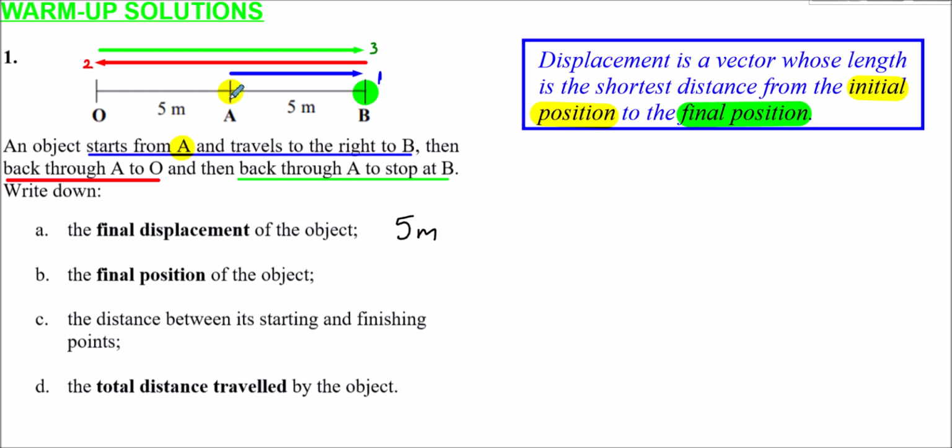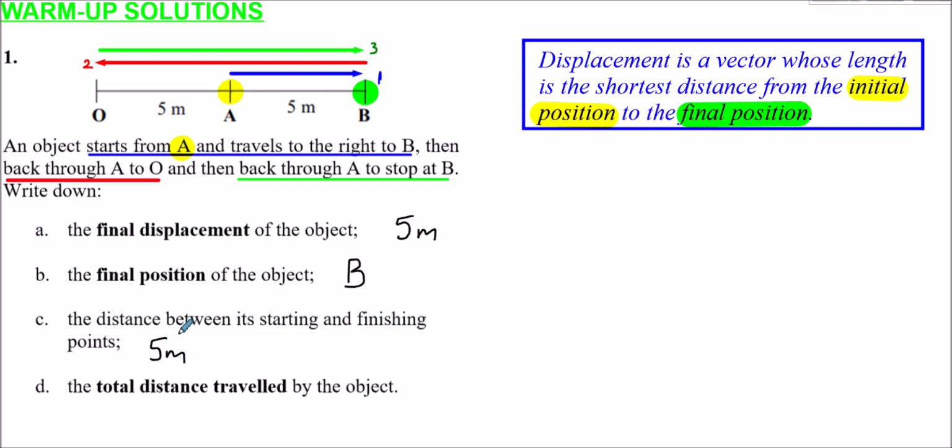It's gone to the right of A, so the displacement's 5 meters. The final position of the object is obviously at point B. The distance between its starting and finishing points, that's also 5 meters. Okay? The size of the distance between the starting and finishing points is the same as the displacement.